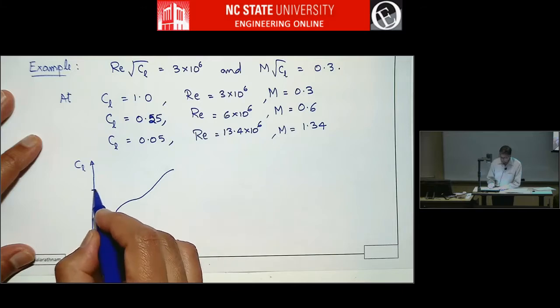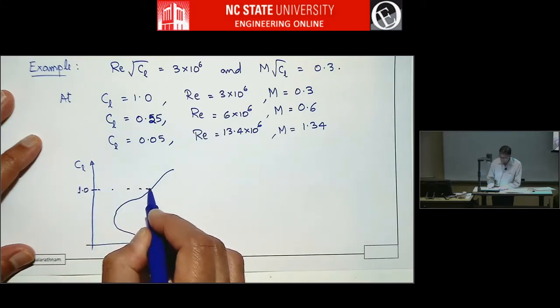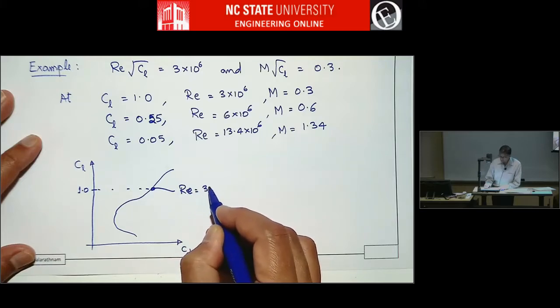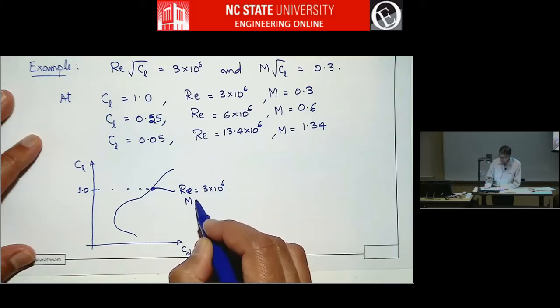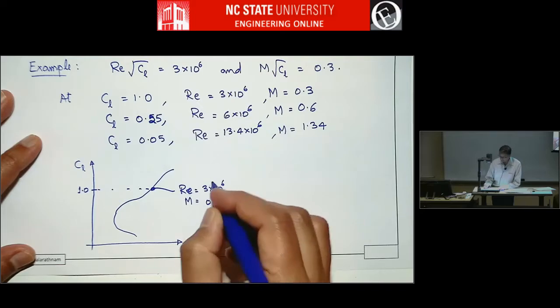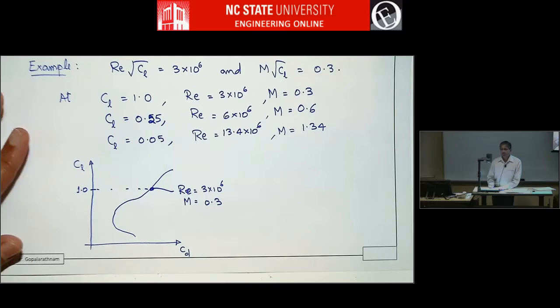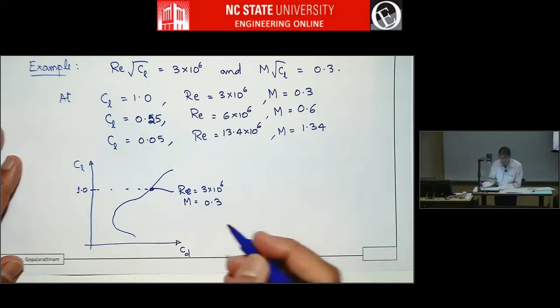So at a CL of 1, this corresponds to RE equals 3 million and Mach number 0.3. At anything lower than this CL, as the CL reduces, velocity of the airplane is increasing, right? In level flight, an airplane going fast is flying at a small CL, and therefore Reynolds number increases.